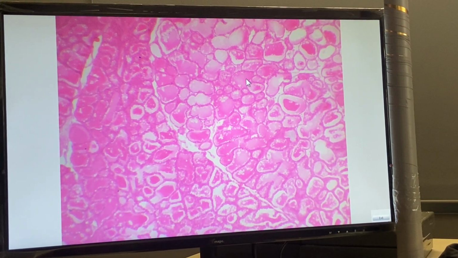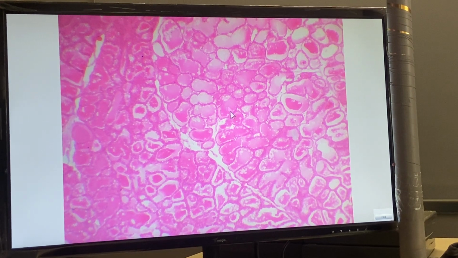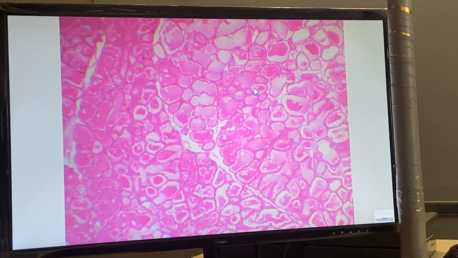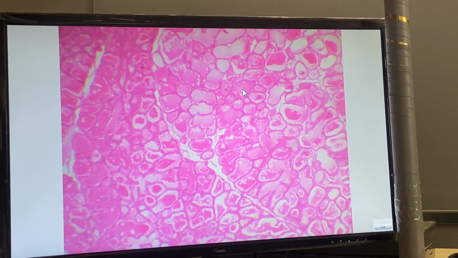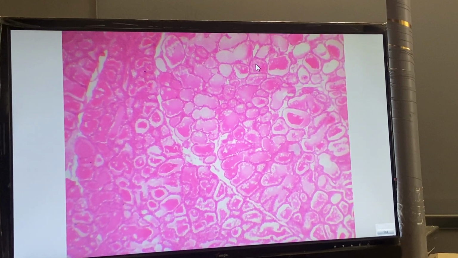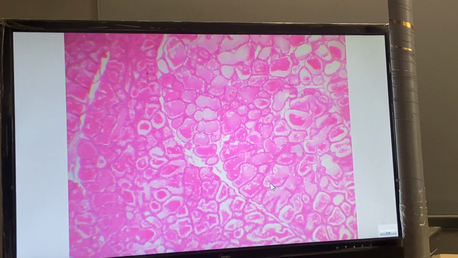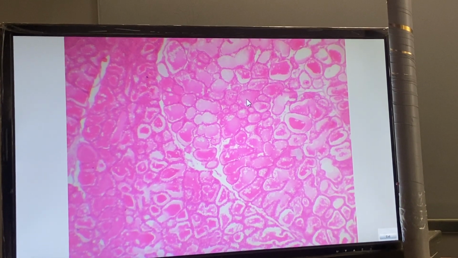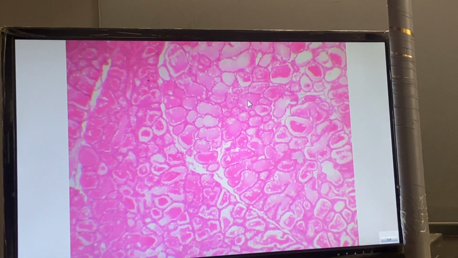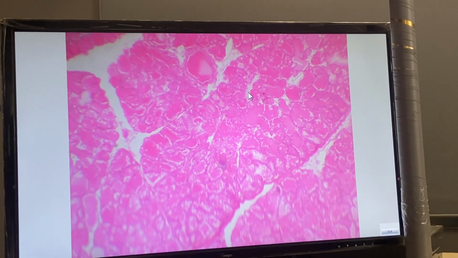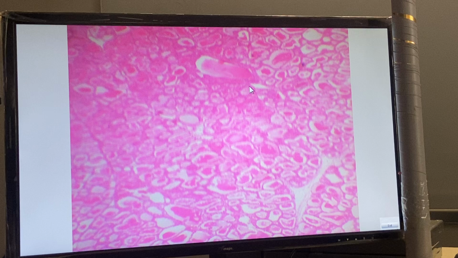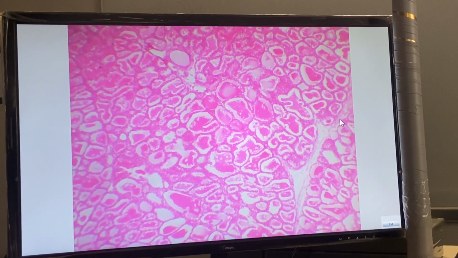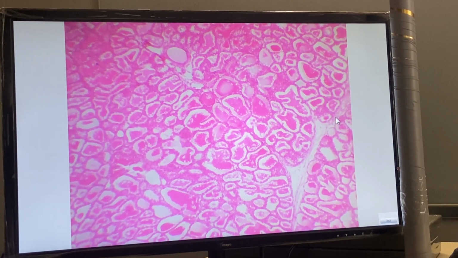Mammary gland during lactation filled with acidophilic milk, with very little amount of connective tissue.